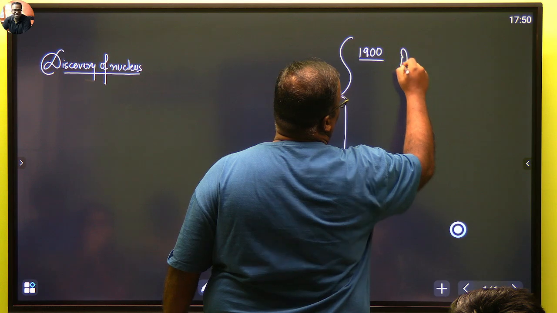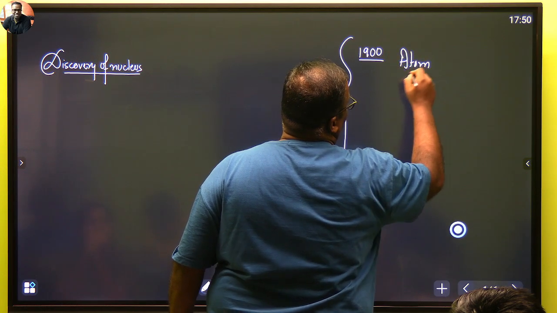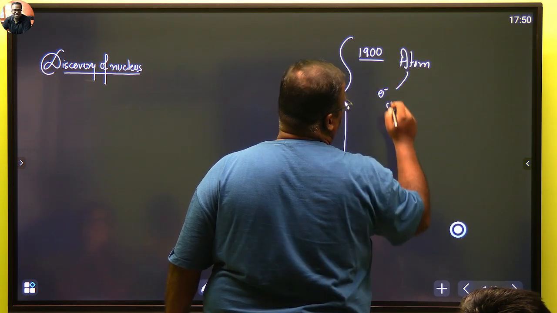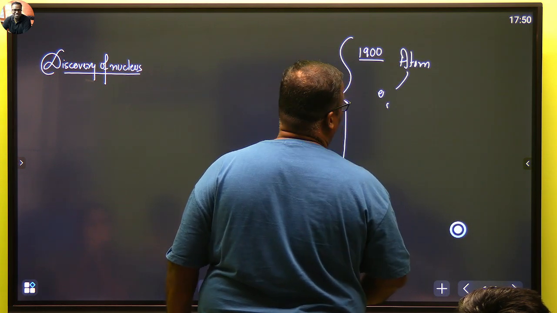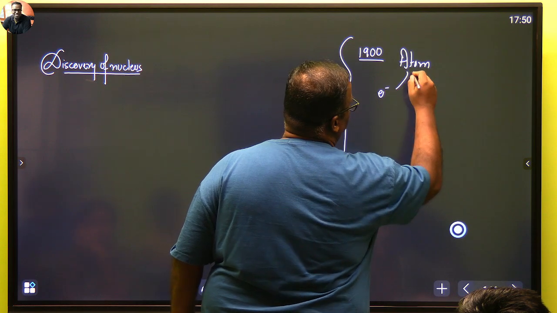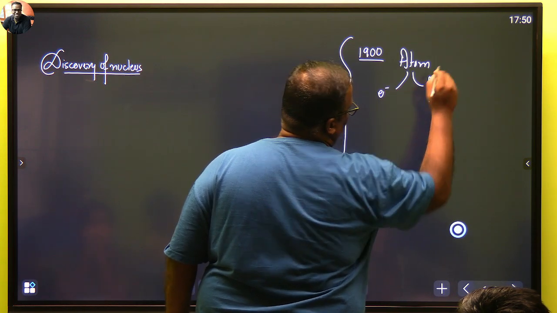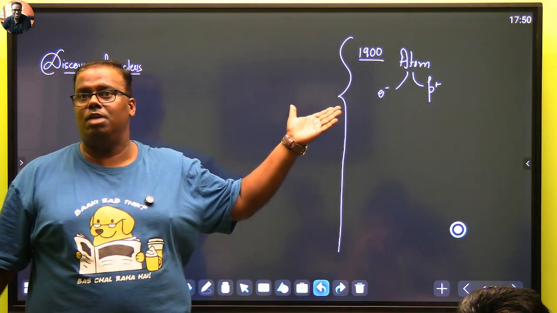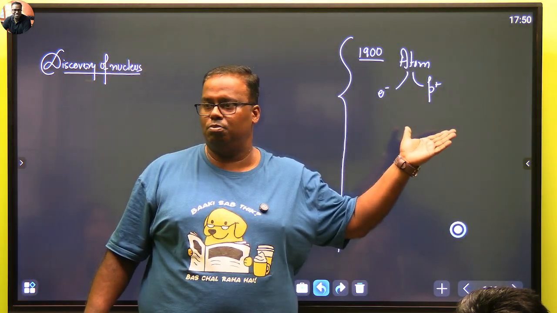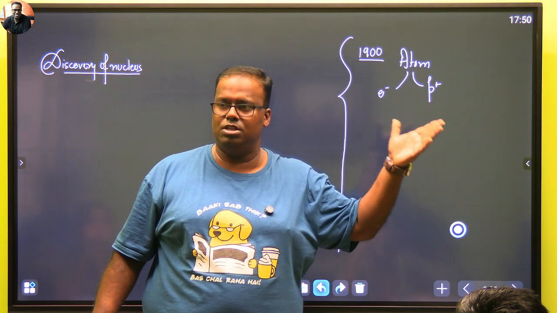So far we know we have an atom, and inside the atom we have electrons, which are negatively charged particles, and protons, which are positively charged particles. So at this level some structure of the atom was postulated. Postulated means somebody proposed.